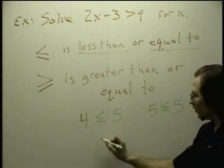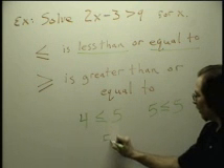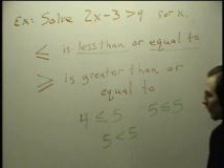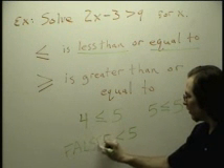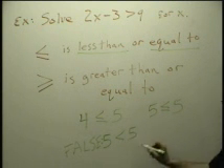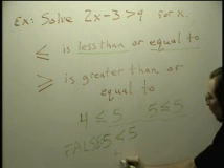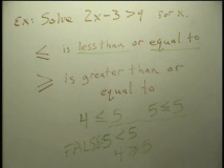What would not be true would be to say 5 is less than 5. That's false. Okay, 5 is not less than itself. Another example of a false statement would be if we said 4 is greater than or equal to 5.